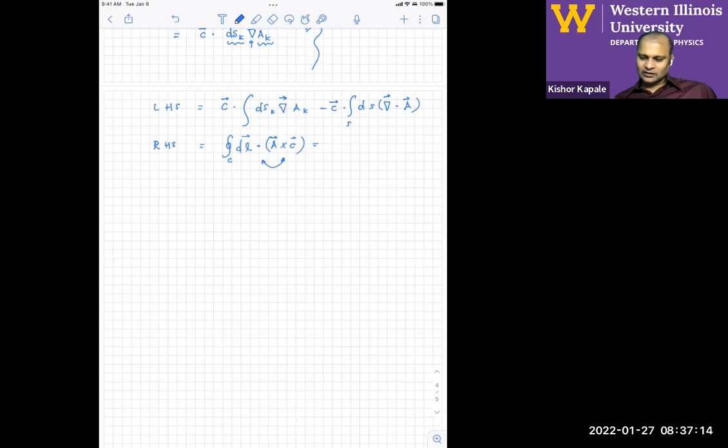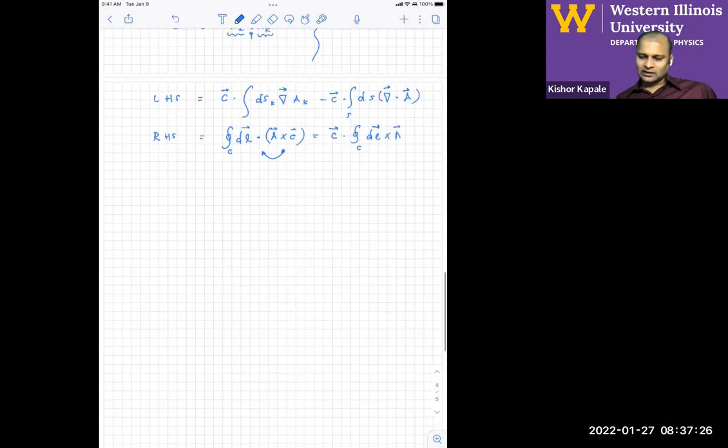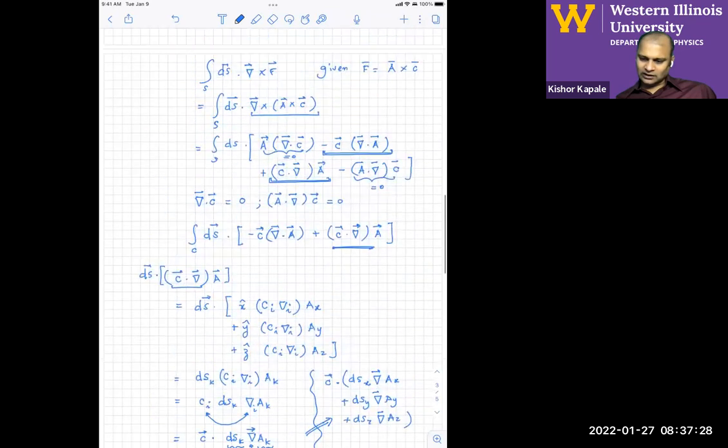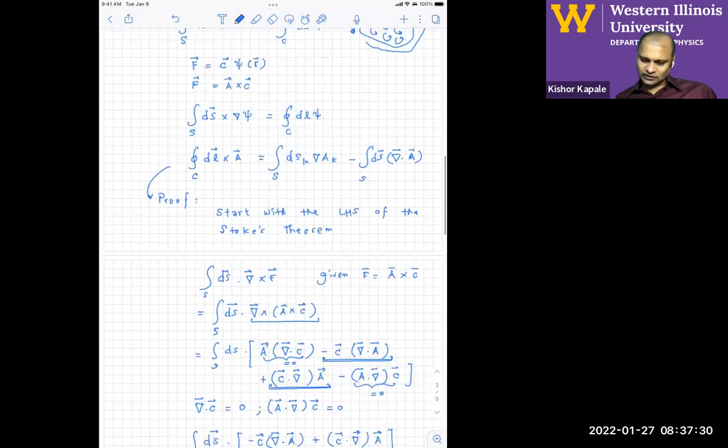This thing can be easily interchanged, and you get C dotted with, because one of the vectors is a constant, you can write it down like that, and then you get the relation that we had. So we just proved this thing here.